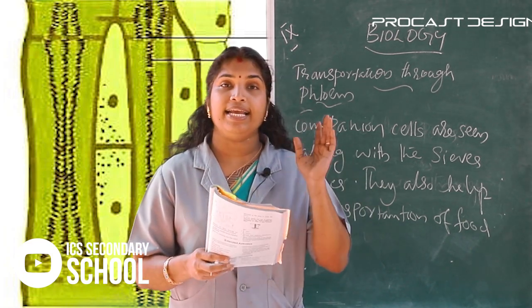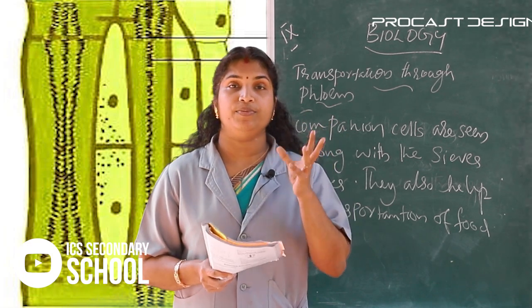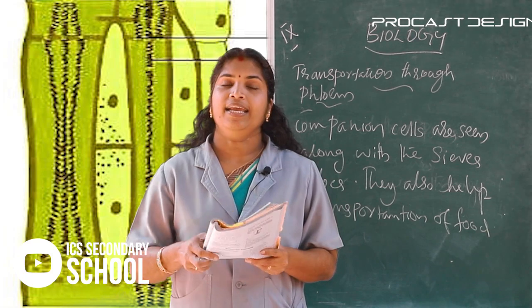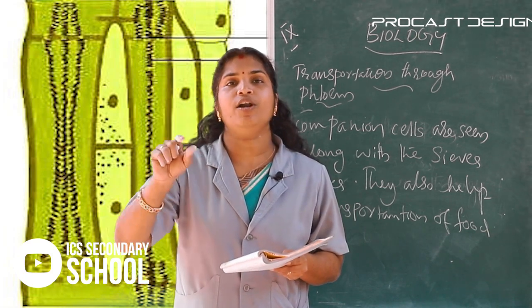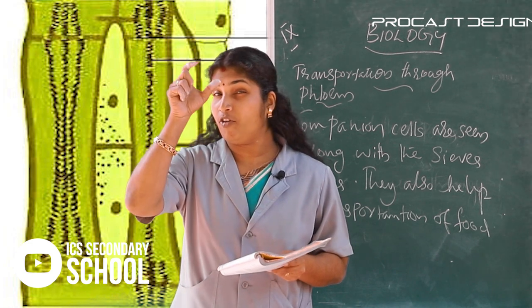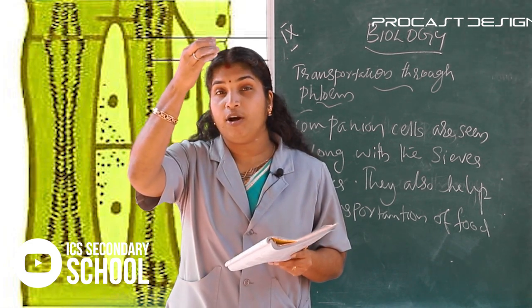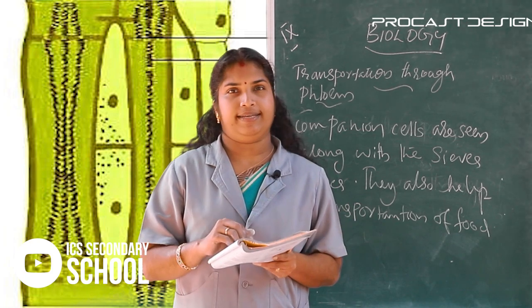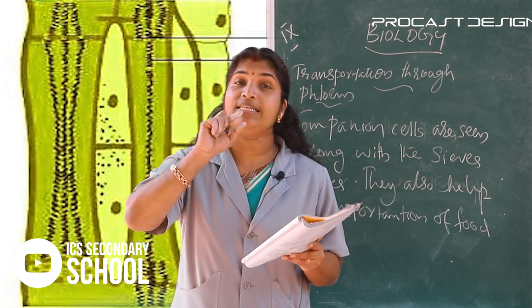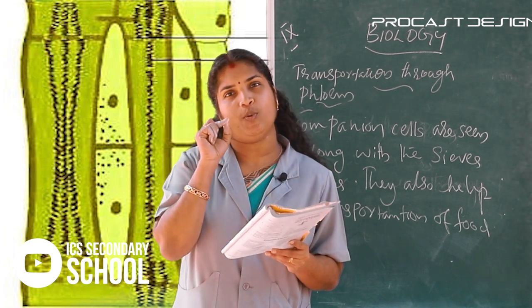Next, like xylem vessels, the sieve tubes are also tube-like structures. In xylem vessels, the cross walls disintegrate and form a long tube-like structure. In sieve tubes, in the cross walls we can see small openings or pores.